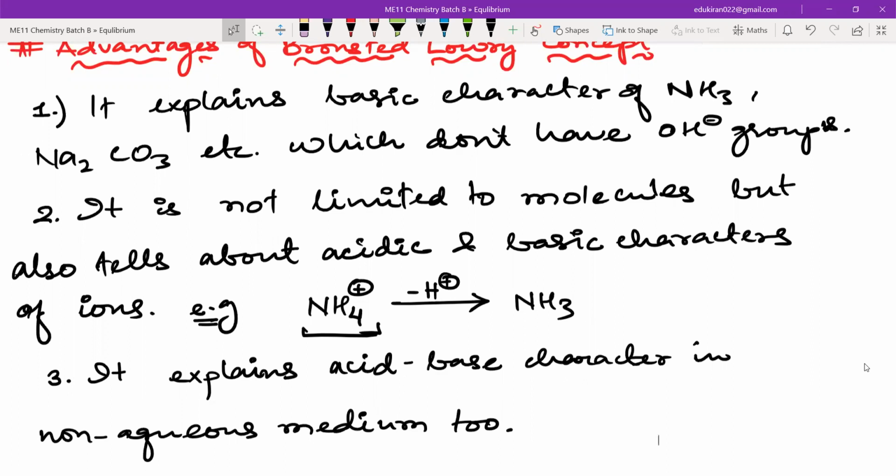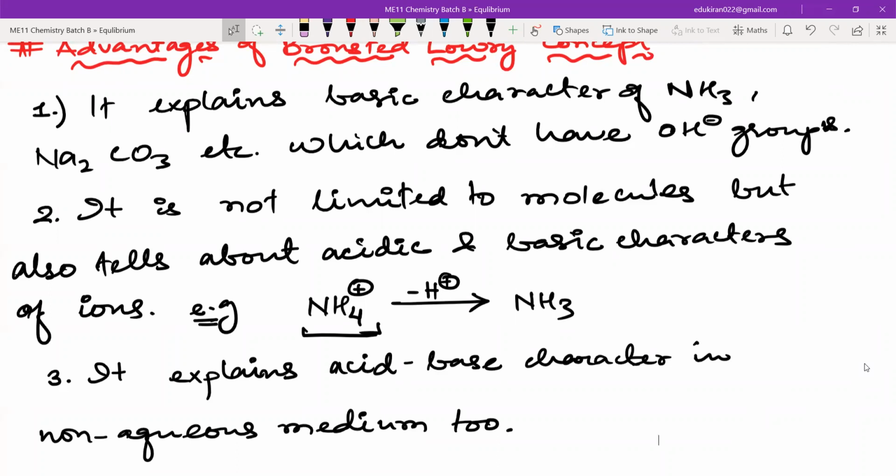For example, HCO3 negative. Can I remove a hydrogen from HCO3 negative? Yes. So it will act as an acid, right? If I can remove H plus, it is acting as an acid, correct?